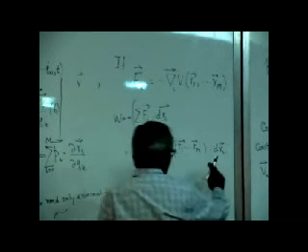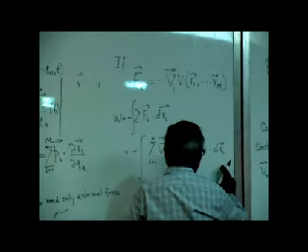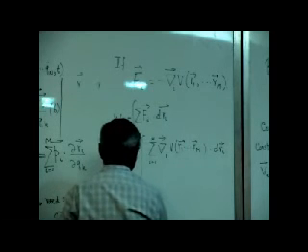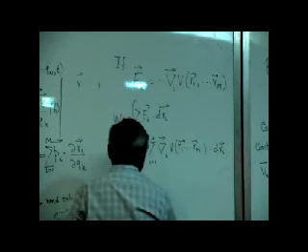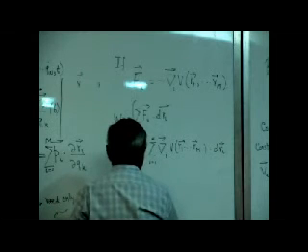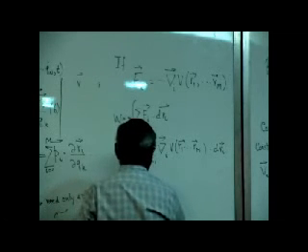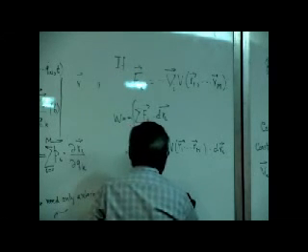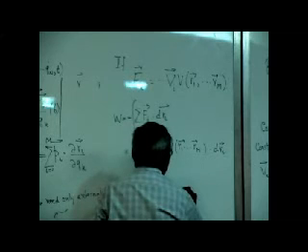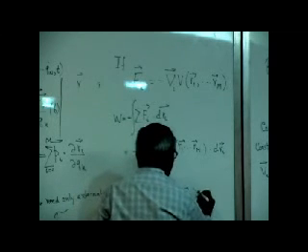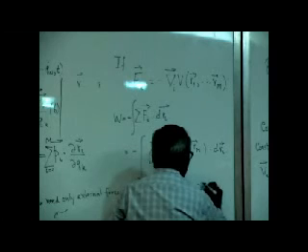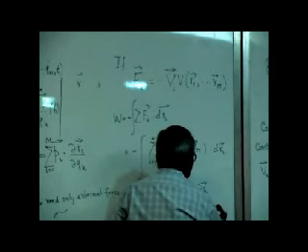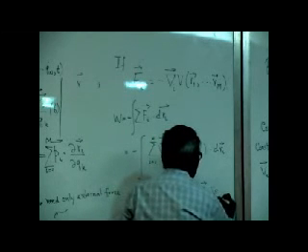Now here I am going to write dr_i as dr_i by dq_k delta q_k. So I write it as a sum over k going from 1 to n, dot dr_i by dq_k delta q_k.